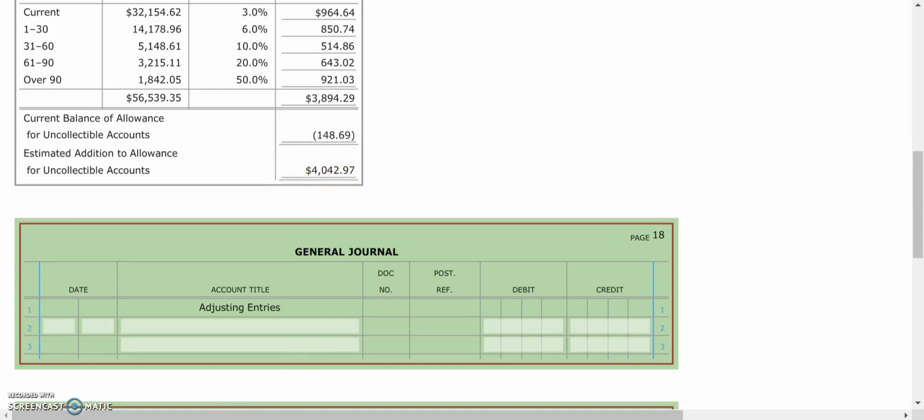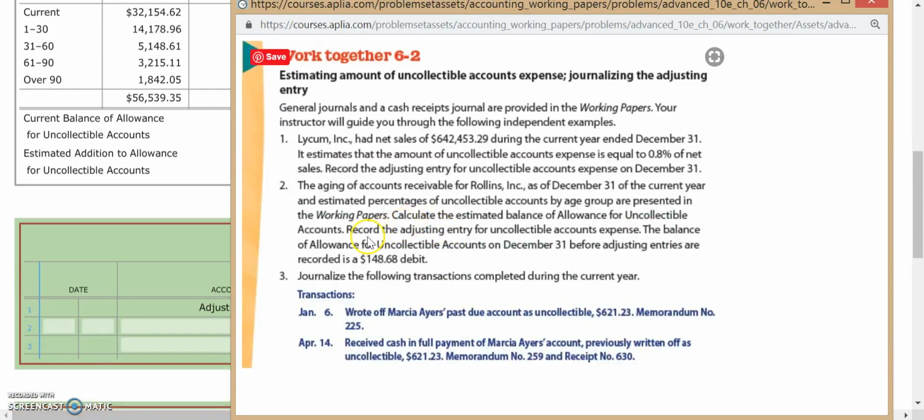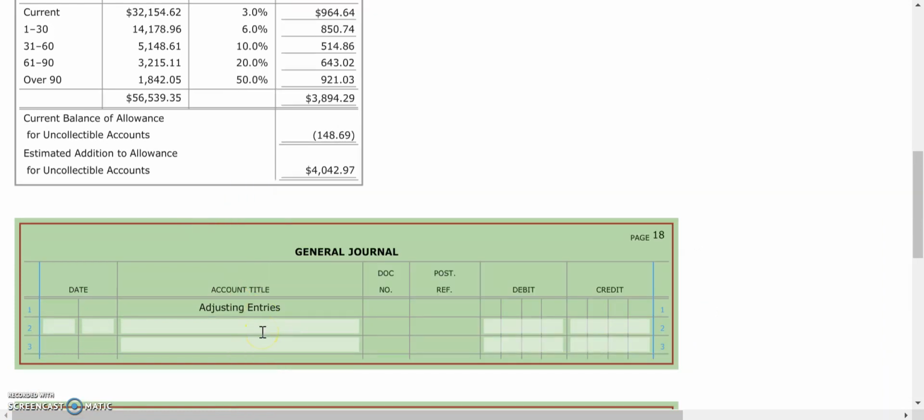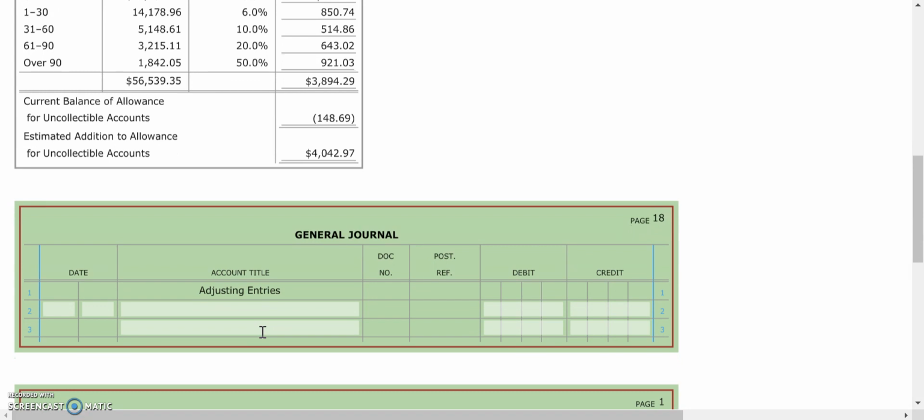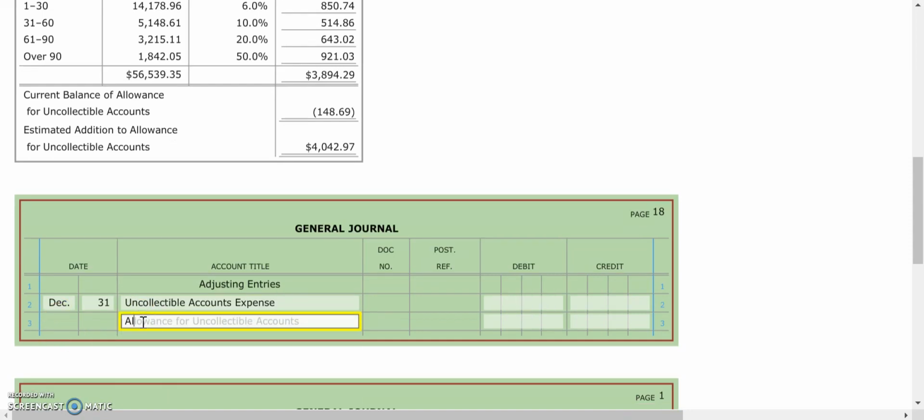So it says in our instructions that we're going to record the adjusting entry, which is what this general journal is for here, just doing it a different way. We did the net sales method before. This is the aging of accounts receivable method. Regardless of the method you use, your accounts are still the same. So we still put December 31st here, and it's still going to be uncollectible accounts expense, and our credit is still going to go to the allowance for uncollectible accounts.